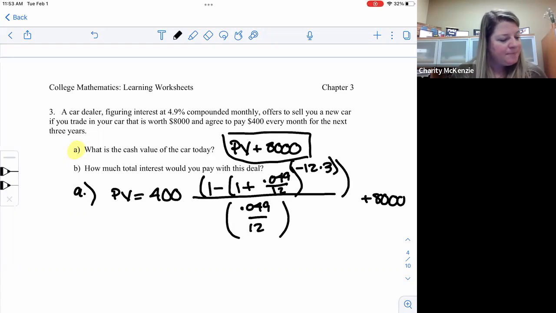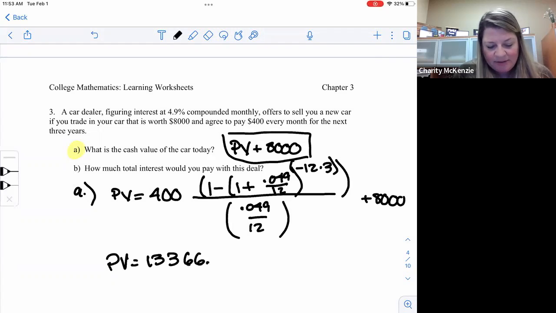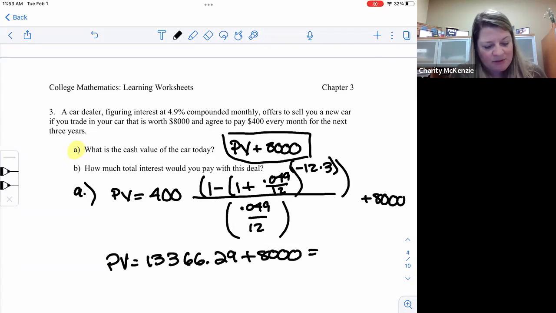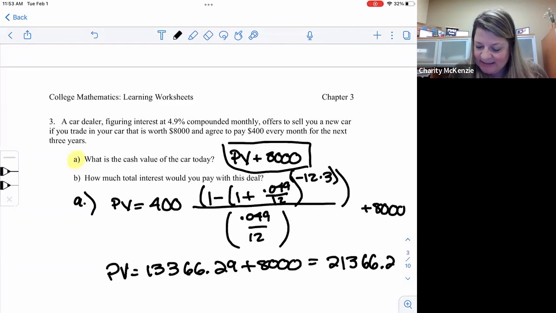All right, I get $13,366.29 plus the 8,000, just so you can get that number on yours and make sure you get it correct, is $21,366.29.